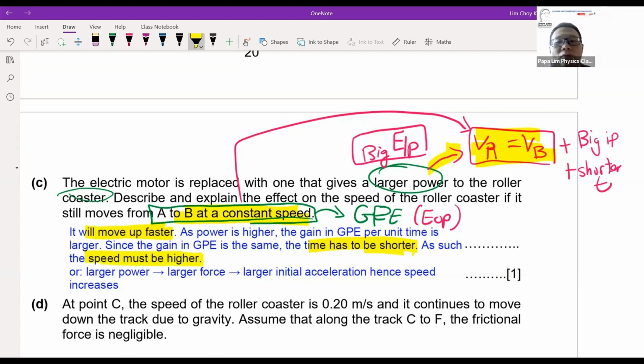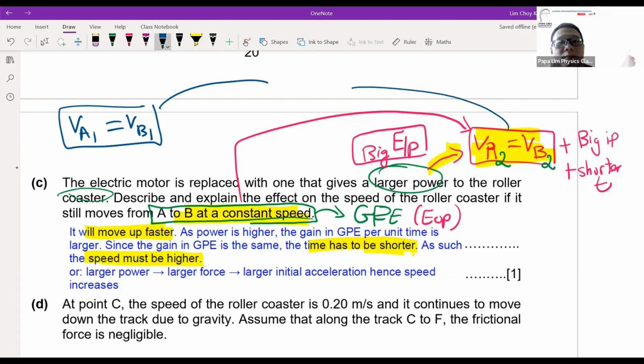So the speed at A in the second scenario is equal to the speed at B in the second scenario, and the speed at A in the first scenario and the speed at B in the first scenario are also the same, but these two numbers are not the same number.